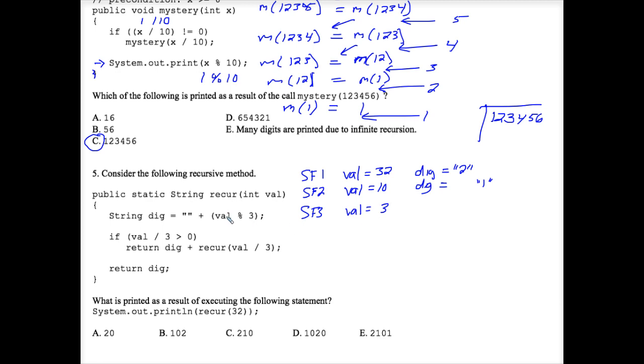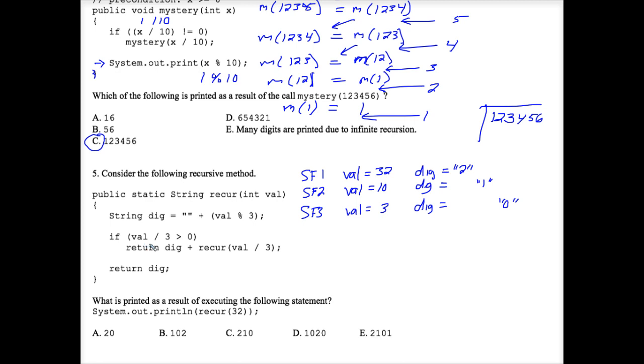When val is 3, 3 mod 3 is a remainder of 0. So that is concatenated as a string. Java automatically turns integers into strings when you concatenate them with another string. Even though this is the empty string, it still turns it into a string. So the dig in this stack frame, number 3 here, is a 0. And I'm spacing them out on purpose over here to show you what happens in the end.